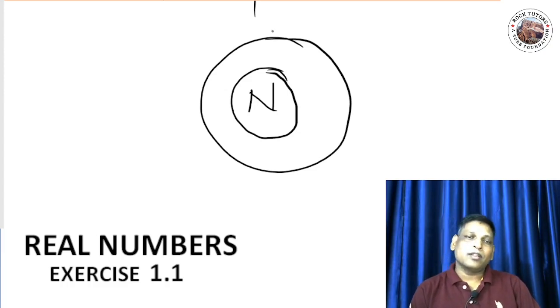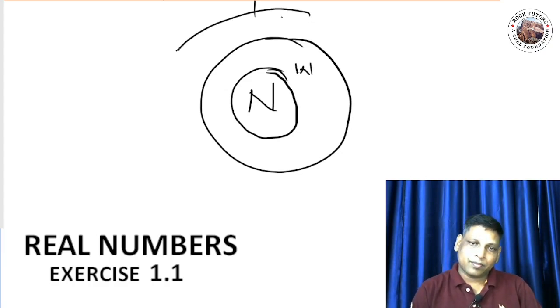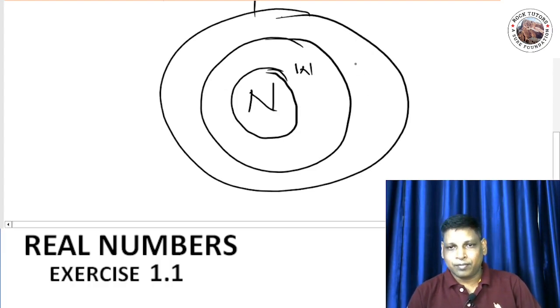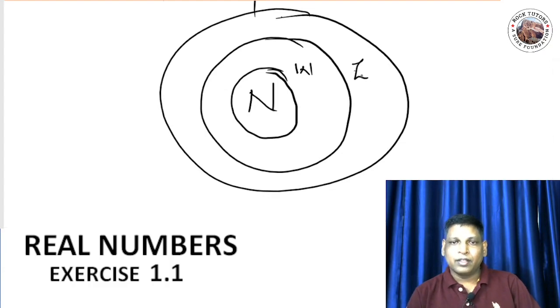Whole numbers we represent with the letter W, and integers with the letter Z. Integers are also rational numbers. So natural numbers, whole numbers, and integers all are rational numbers.